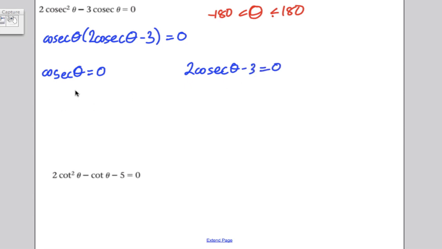So when is cosec theta equal to 0? Well, it has no solutions. Remember the cosec graph? The 1 over sine graph looks something like this. Remember, it never equals 0. So this here gives us no solutions. So we can ignore that. No solutions.